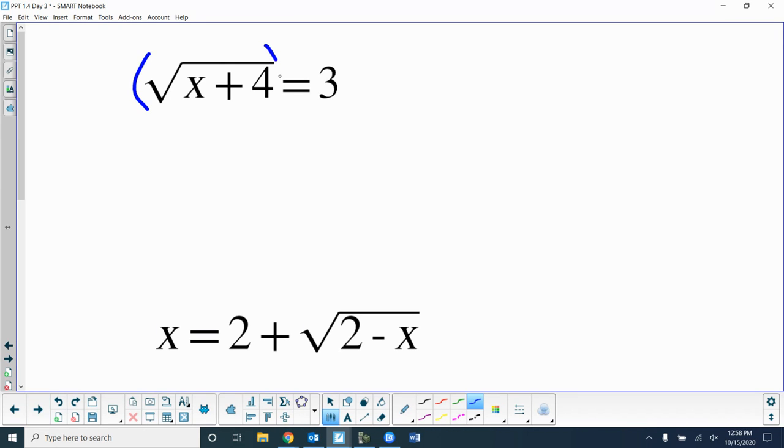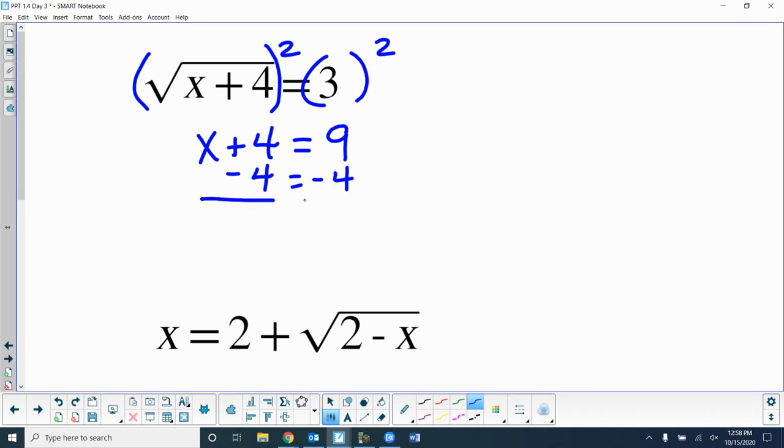We're gonna square both sides. Because we talked about this last week, the square root of something squared is itself, right? So on the left, I just have x plus 4 when I square both sides. On the right, it's 9. And then get x alone. Simple.